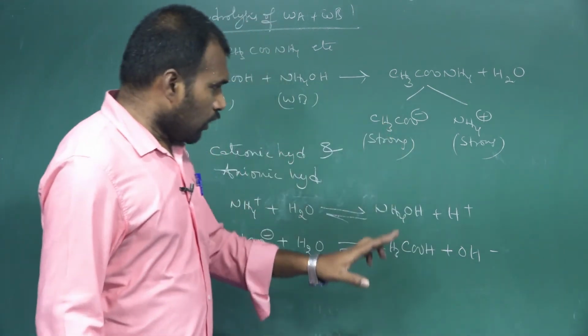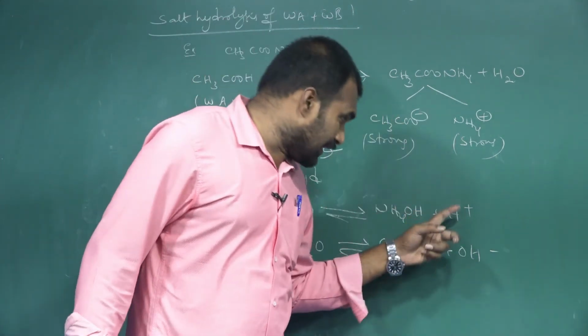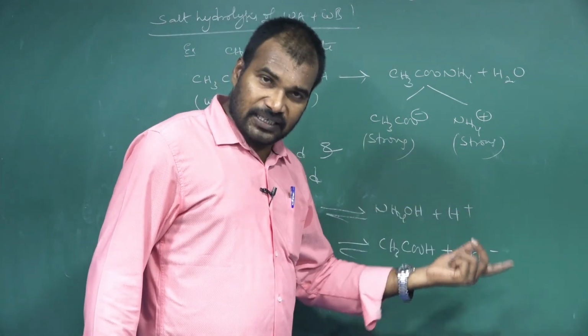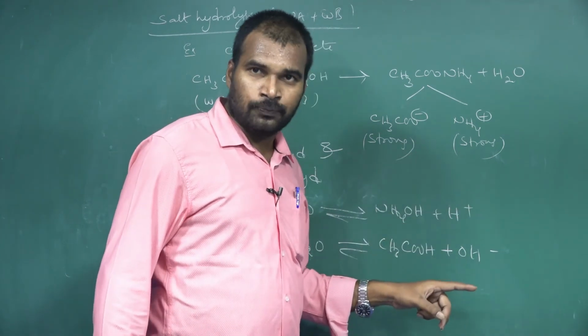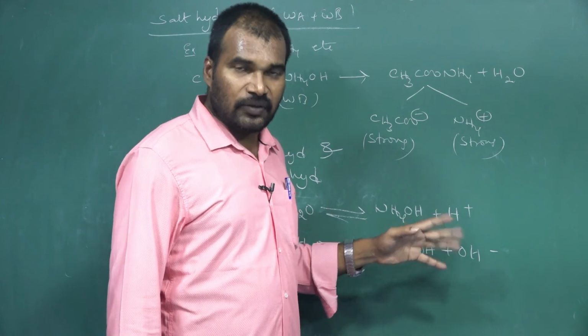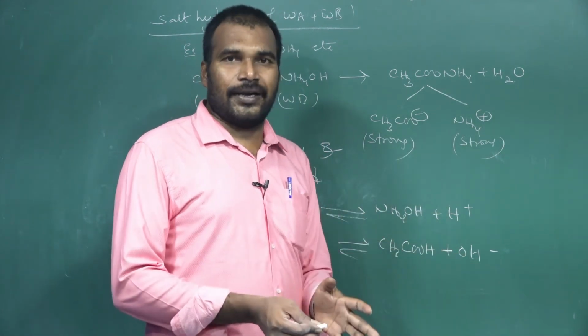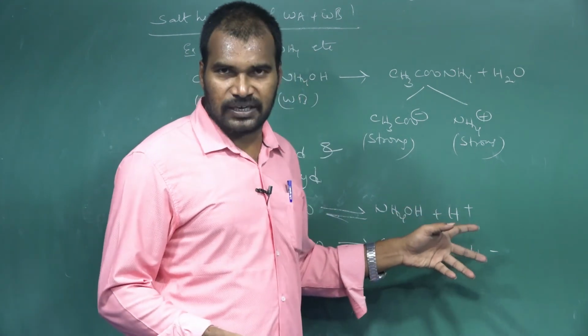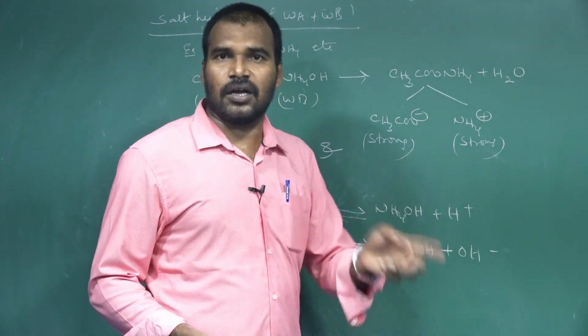So the nature of the solution may be acidic when H plus is greater than OH minus, basic if H plus is less than OH minus, and neutral if both are equal. So in this fourth case, we cannot decide the pH of the resulting solution. We cannot decide the nature of the resulting solution. It may be acidic, basic or neutral.